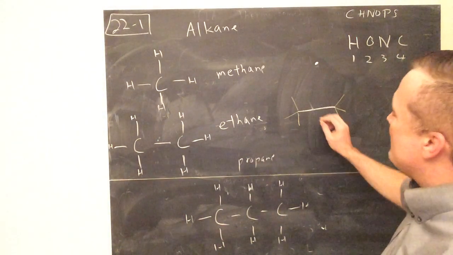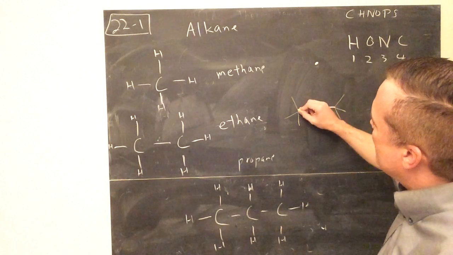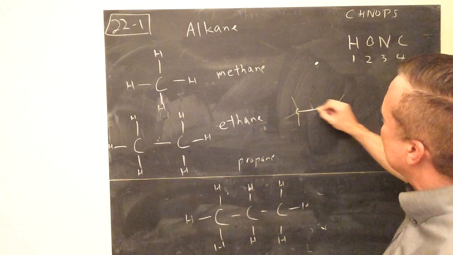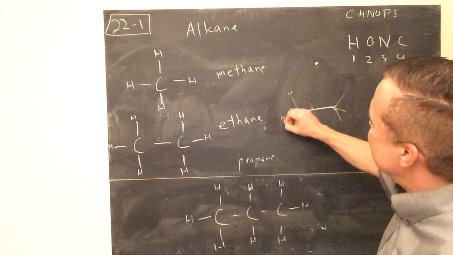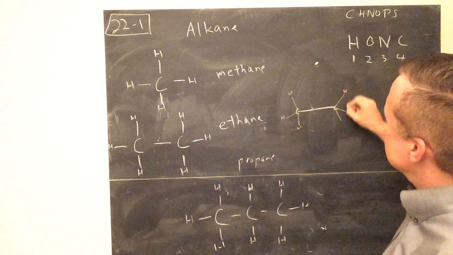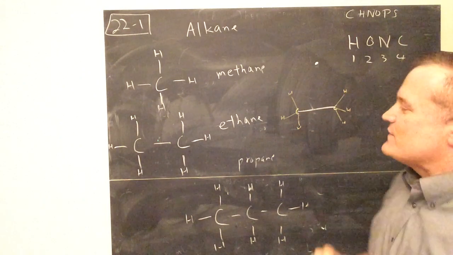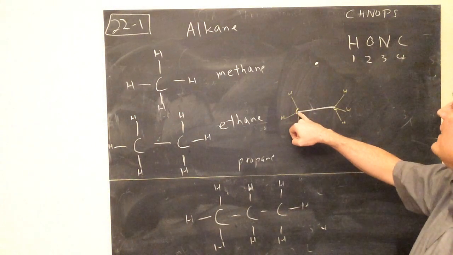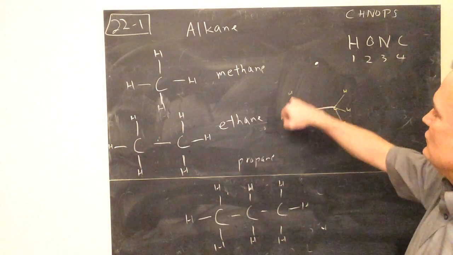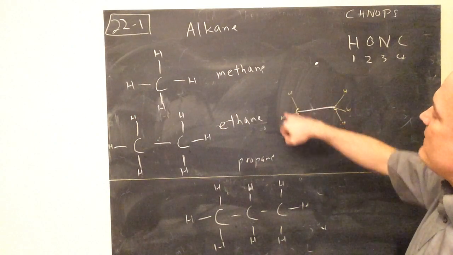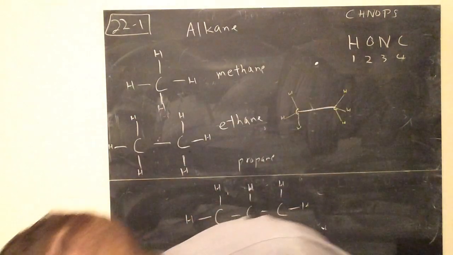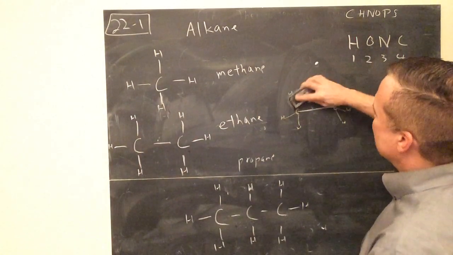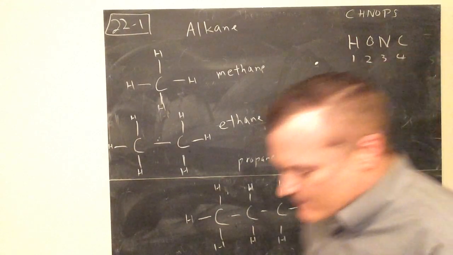So if I have a carbon right there and a carbon right there, then I have H, H, H, H, H, H. In organic, whenever you see a carbon, it has 4 bonds. So the bonds you don't see have to be the hydrogens. That's the point. The bonds to other elements, we will draw.